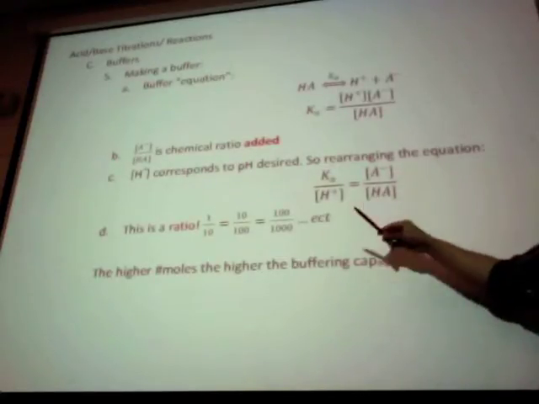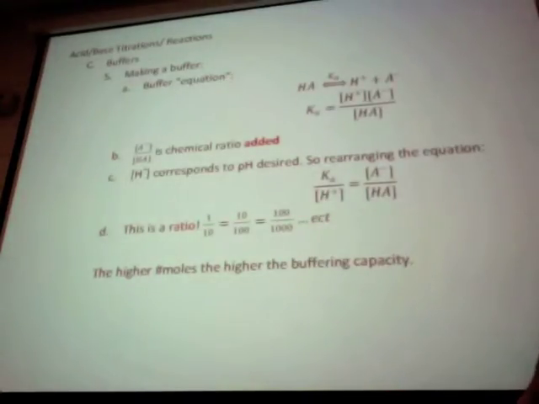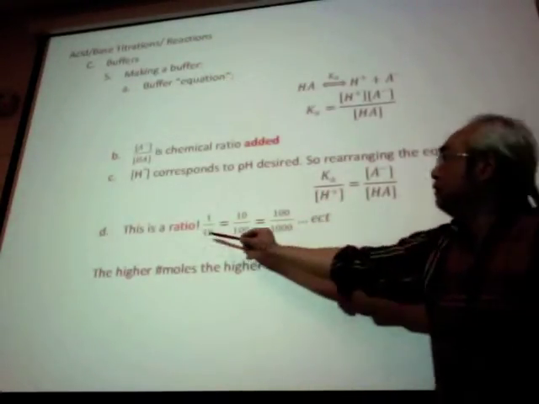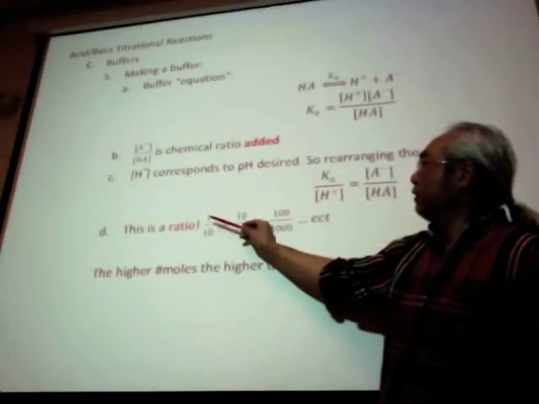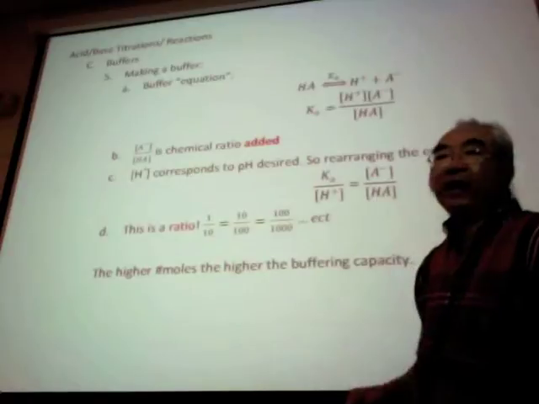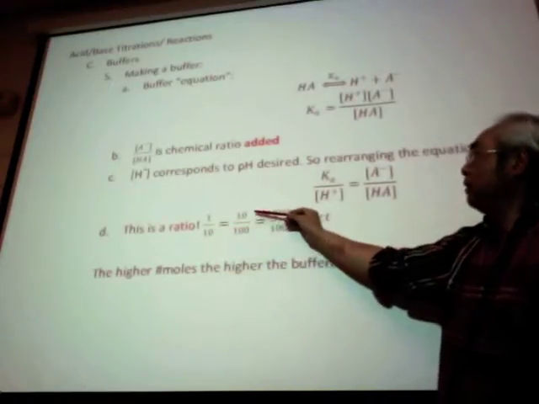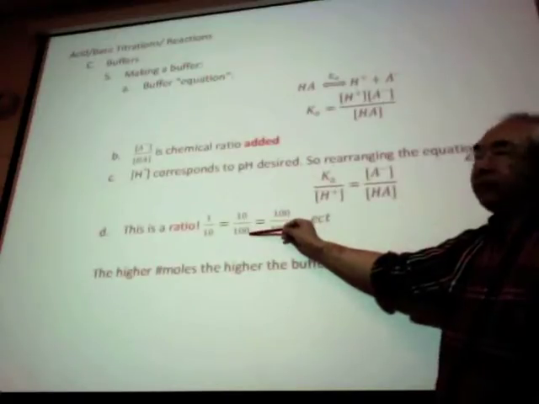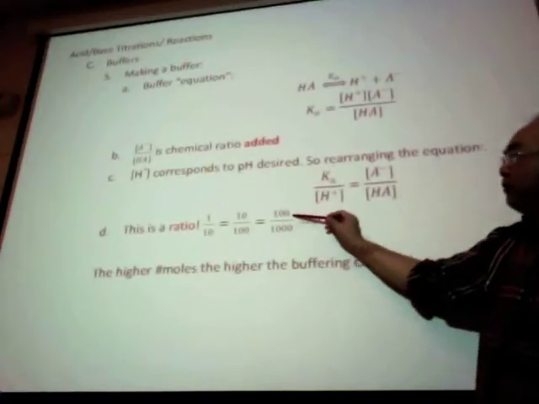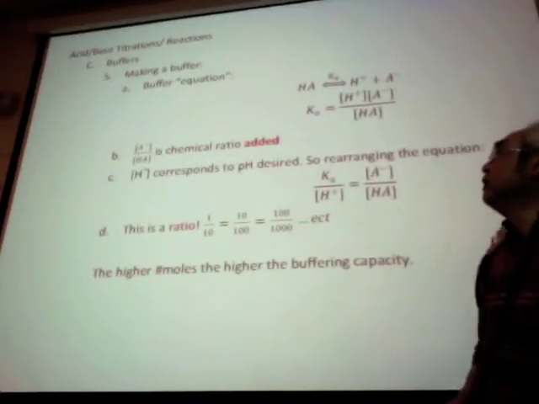So for example, this is just an example, if you end up with a ratio of 0.1, then it means 1 millimole over 10 millimoles, or the same thing as 10 millimoles over 100 millimoles, or 100 millimoles over 1,000 millimoles. They are the same as ratio.